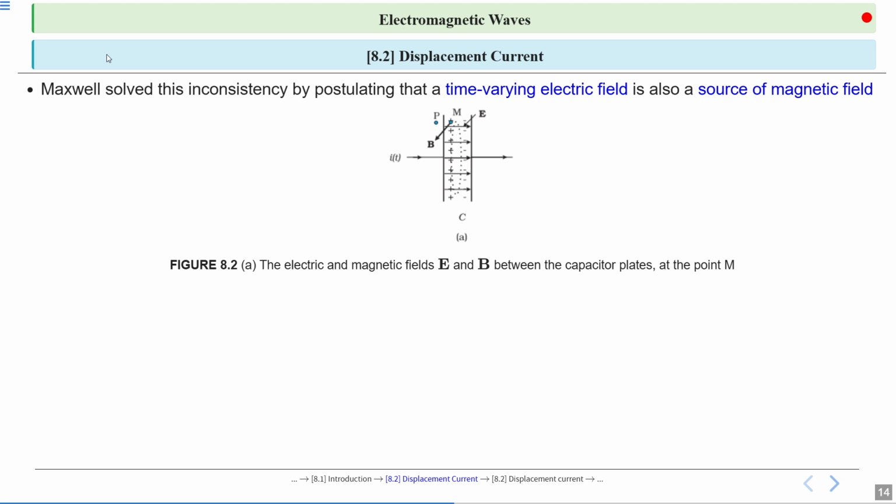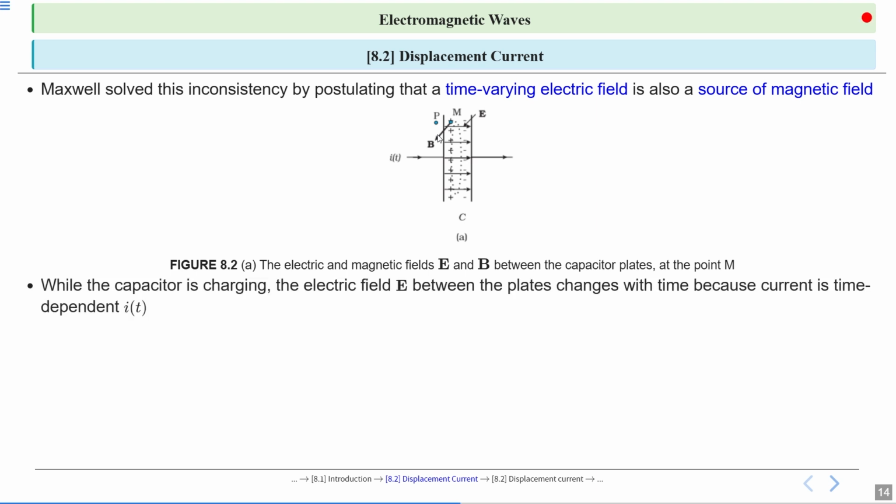That means there is a current I_T due to which a magnetic field is produced, but here there is no current. So how is this magnetic field being produced? This is a reverse effect: a changing magnetic field can induce an EMF or produce an electric field, and similarly a changing electric field can produce a magnetic field. From this, Maxwell got an idea.